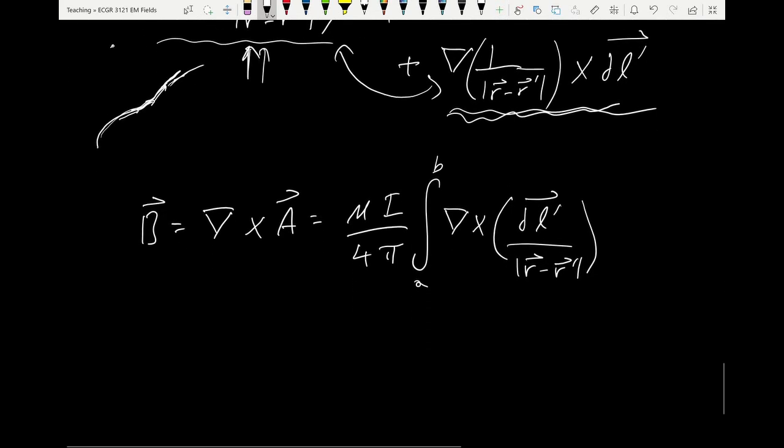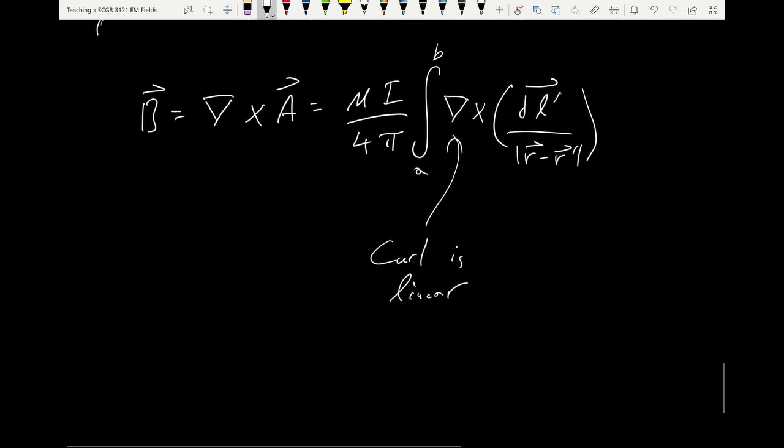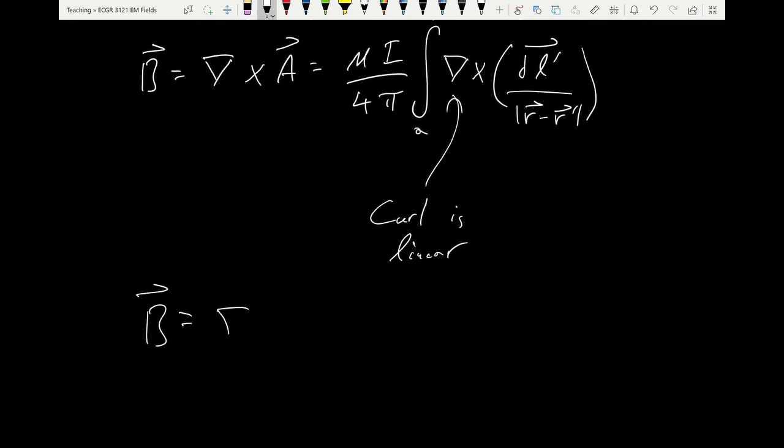Okay, the curl is linear. Because the curl is linear, I can take the integral inside the curl. So I can rewrite this as B equals curl A equals the integral from a to b, and anything outside goes along with the integral inside the curl. So this equals curl of mu I over 4 pi, integral of dl prime over magnitude r minus r prime.